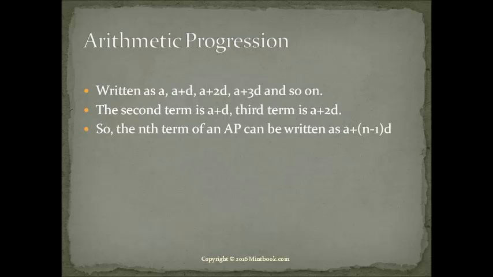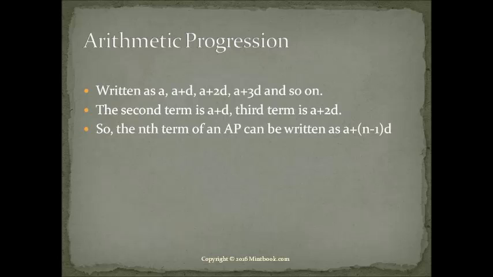So if we consider the first term of any AP to be a and the common difference to be d, then we can write down the first term as a, the second term as a plus d, the third term as a plus 2d, the fourth term as a plus 3d, and so on and so forth. So we can write down an AP as a, a plus d, a plus 2d, a plus 3d, and so on.